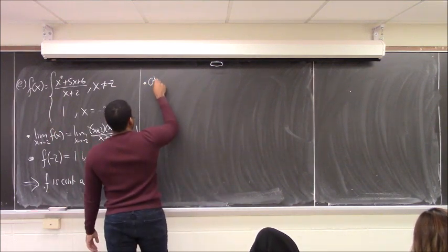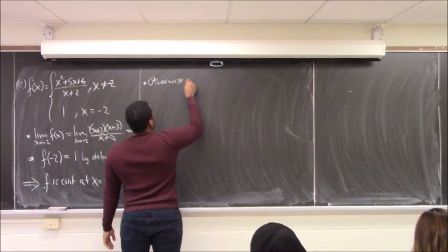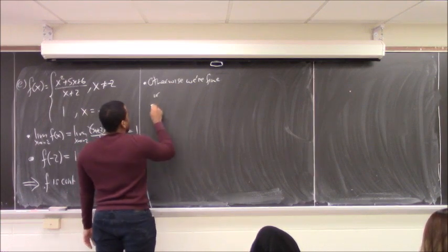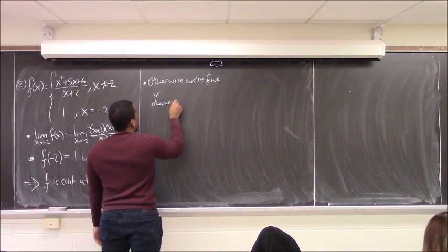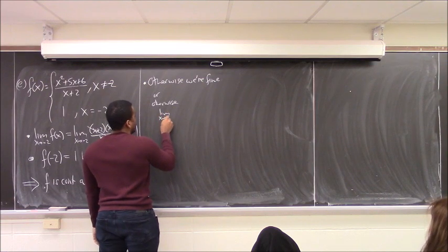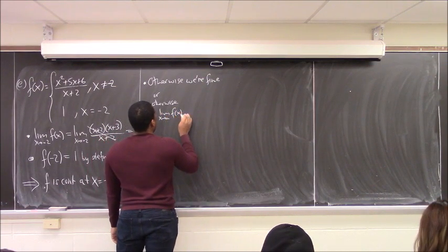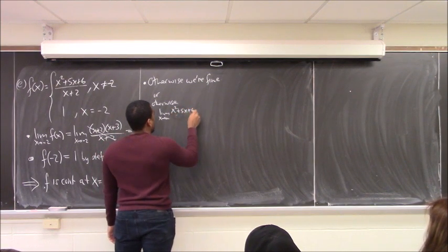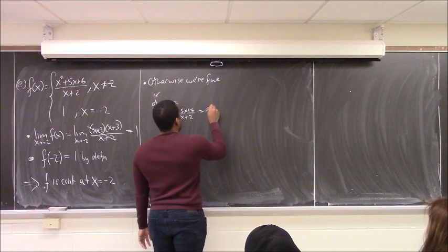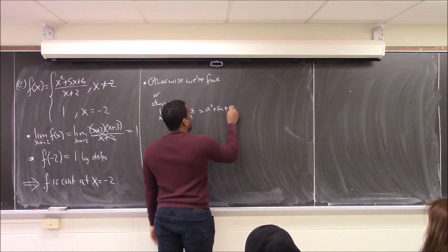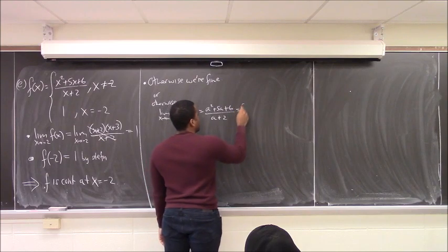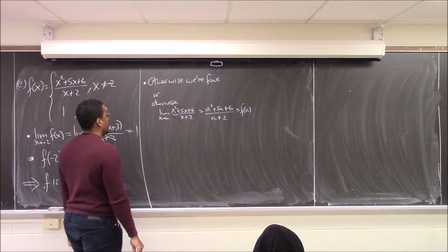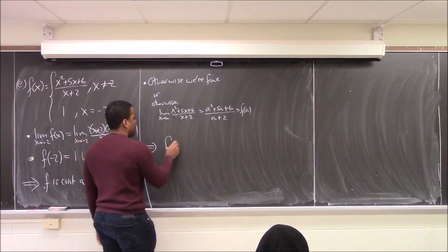Or if you want to flesh things out, you can say otherwise the limit as x approaches a of the function, say x squared plus 5x plus 6 over x plus 2, is just going to be you plugging this in, and that's just the value of the function at the point. And then you can conclude f is continuous everywhere.